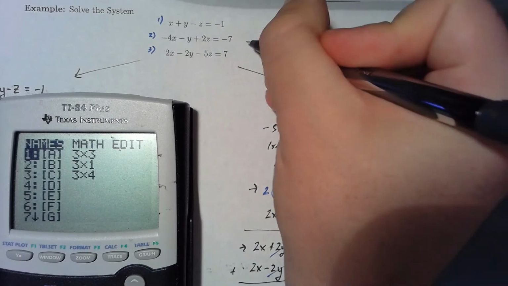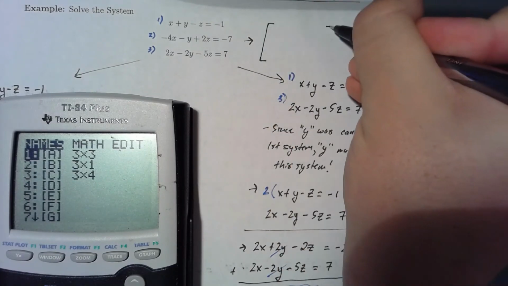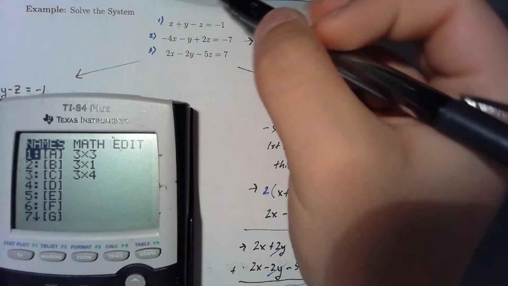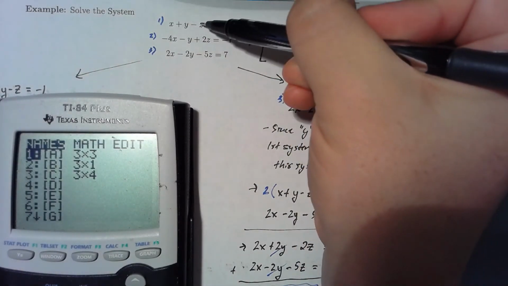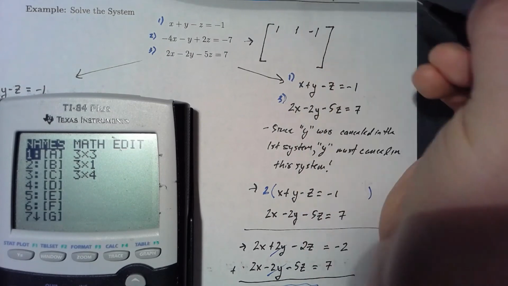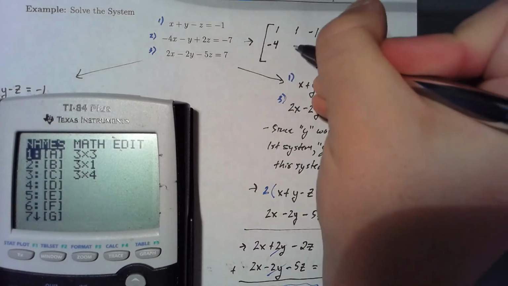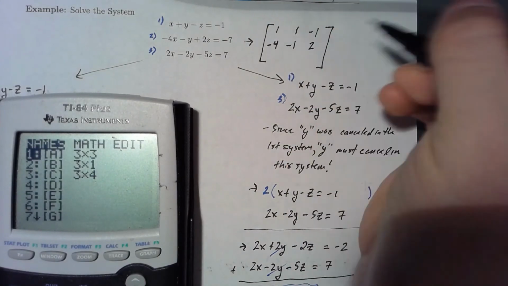So if I want to make a matrix of this system, the coefficients in front of x, y, and z are going to be 1, 1, negative 1. In the second equation, it's negative 4, negative 1, and 2.